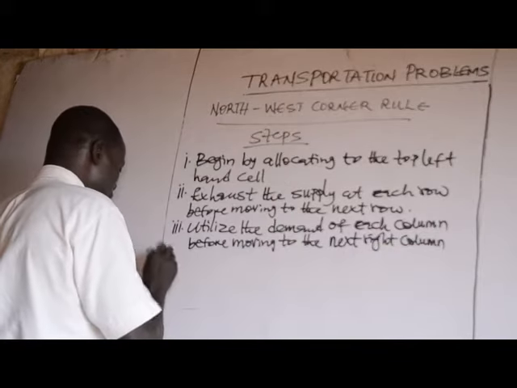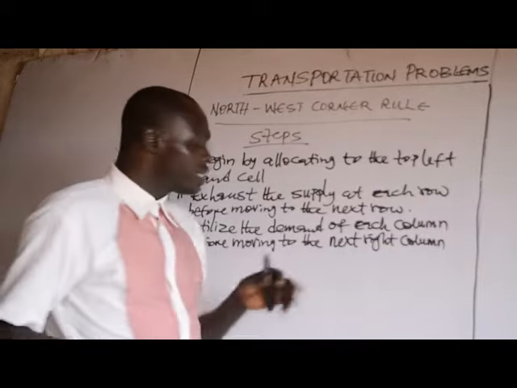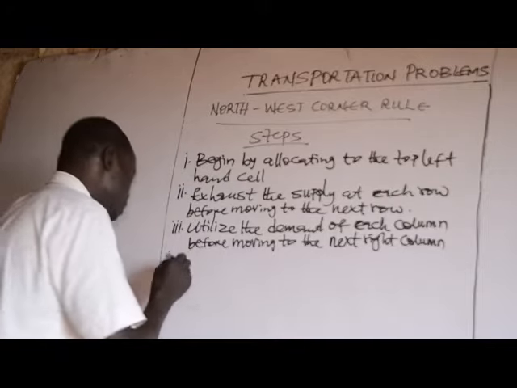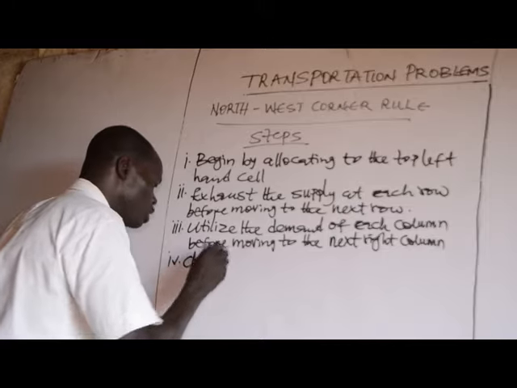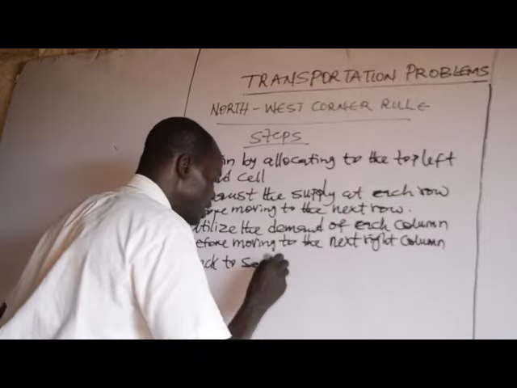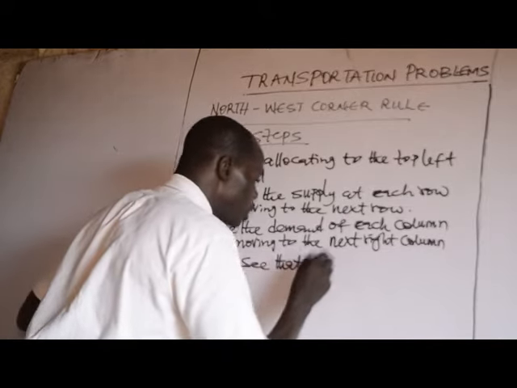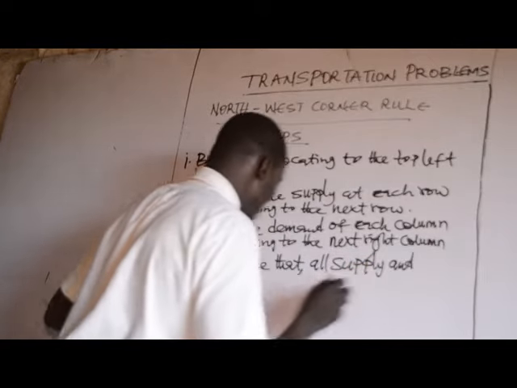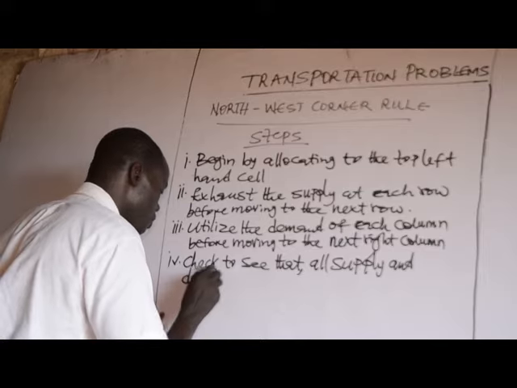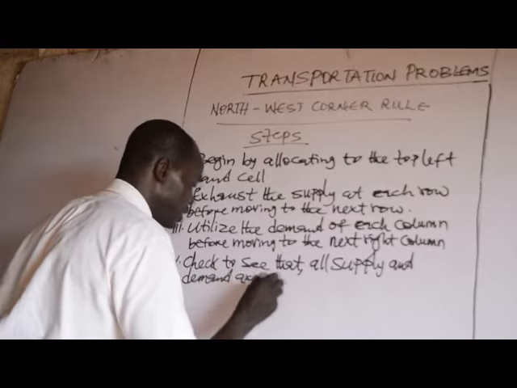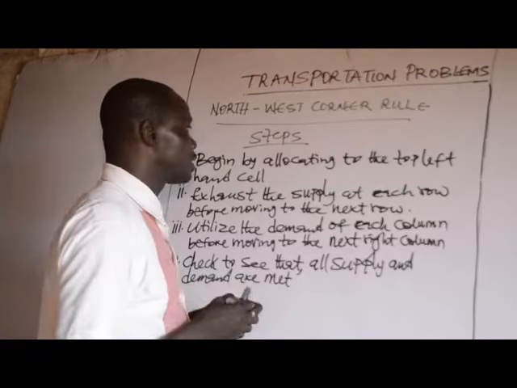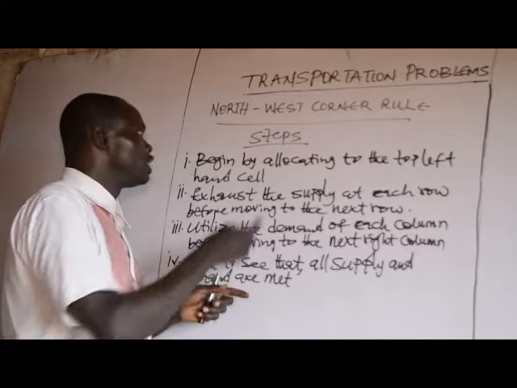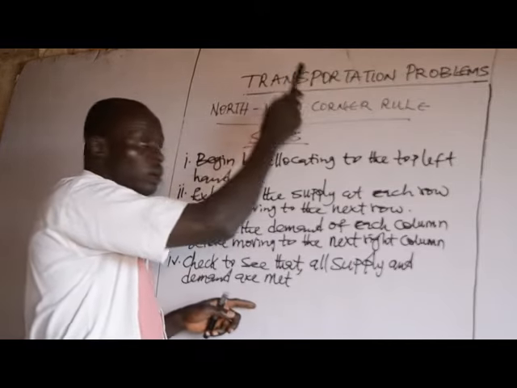Step number 4. Check to see that all supply and demand are met. These are the steps for solving transportation problems using the northwest corner rule.